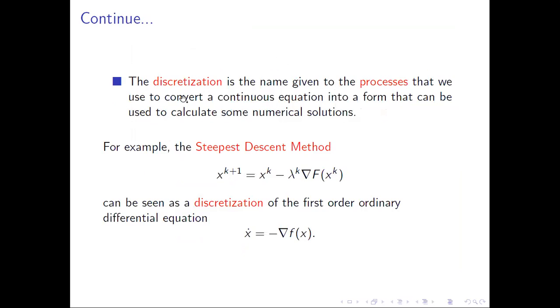Discretization is the name given to the process that we use to convert a continuous equation into a form that can be used to calculate a numerical solution. For example, the steepest descent method can be seen as a discretization of the first order differential equation, which is defined this way.